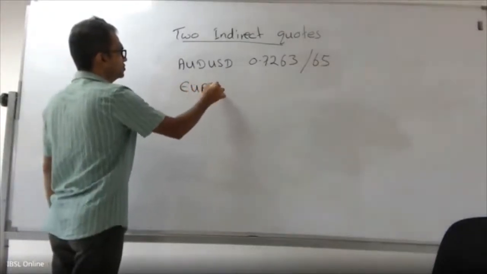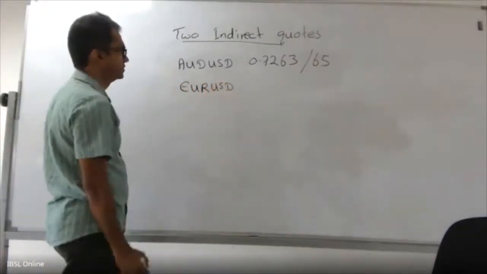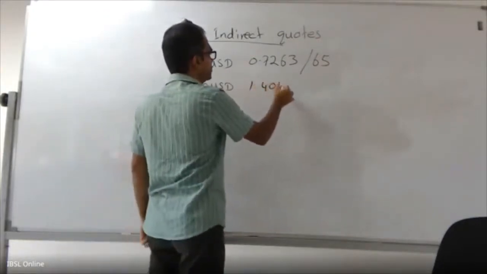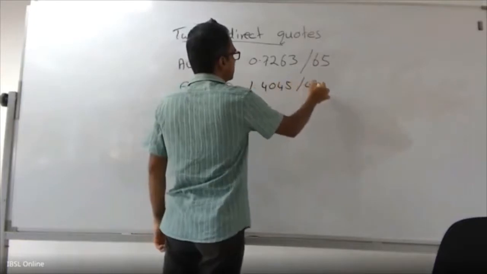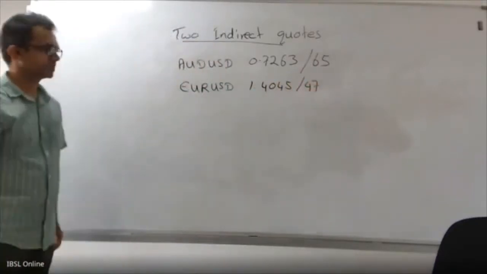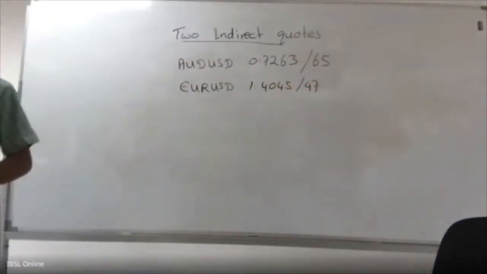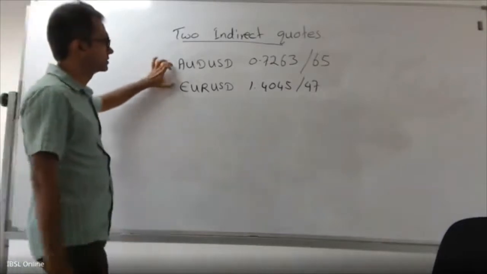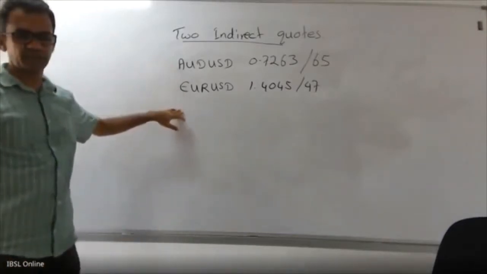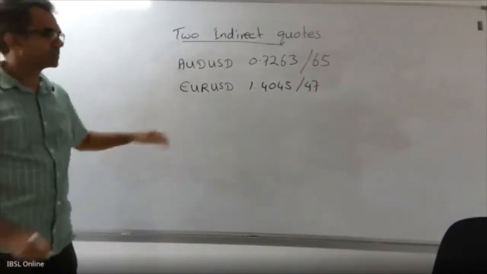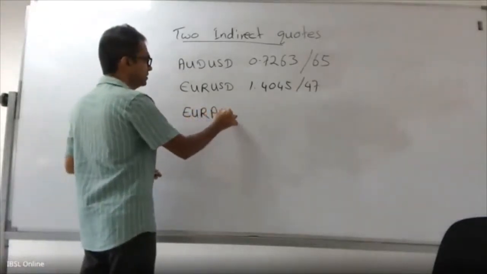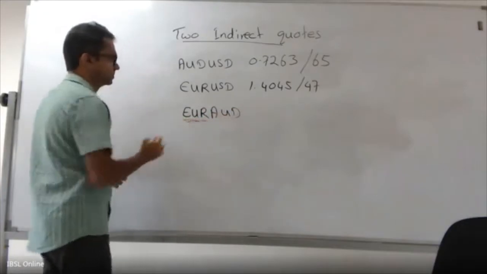Euro USD, we use the same rate, 1.404547. What is the cross currency pair? If we have these two currency pairs, what would be the cross currency pair? Euro AUD. Remember, euro should be at the base.